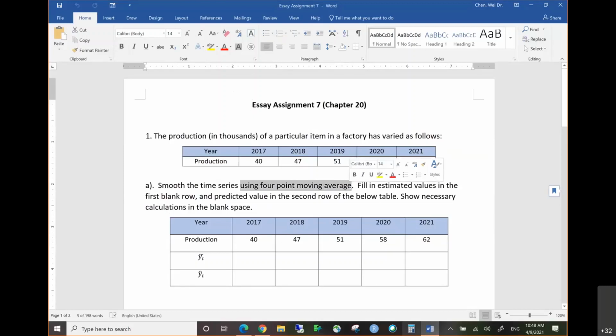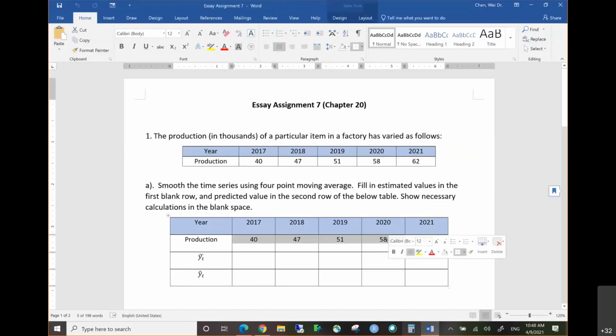That means your L equals 4. So the first point you get, or first estimated value, will be for 2020. That means all previous ones will not be available. And then the next one will be these 4.